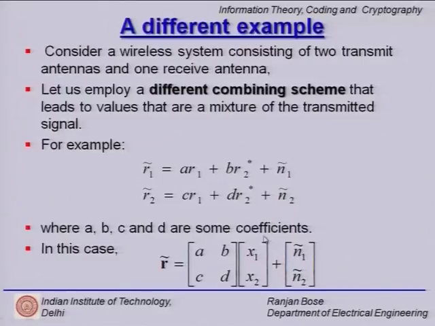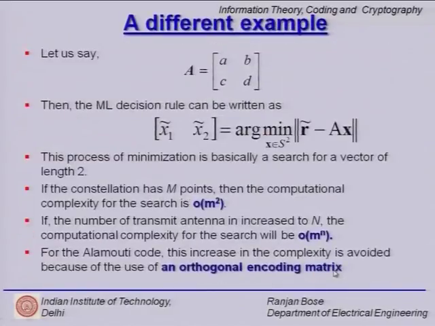So, if A, B, C and D are some coefficients, then the vector R tilde can be expressed as the matrix A, B, C, D times x1, x2 plus n1 tilde, n2 tilde. So, if the matrix can be represented as A, B, C, D, then the ML decision rule can be written as x1 tilde, x2 tilde is the minimum over the vector x of the squared norm.